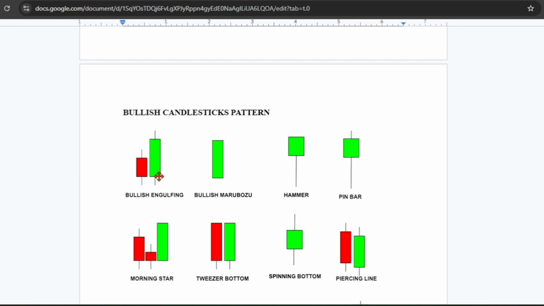That is why we call it the bullish engulfing candlestick. This shows us that there is more presence of buyers in the market. So when we see this, we use it to take a buy trade. And then we have another candlestick, we call it the bullish Marubozu candlestick. You can see the candlestick.